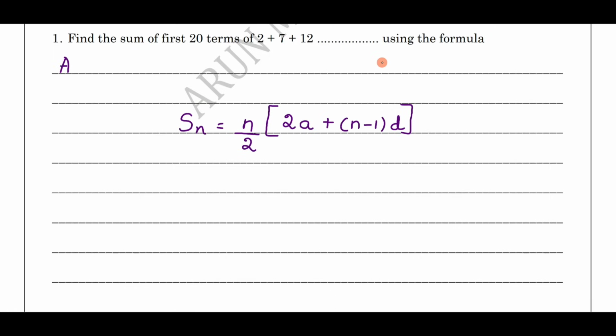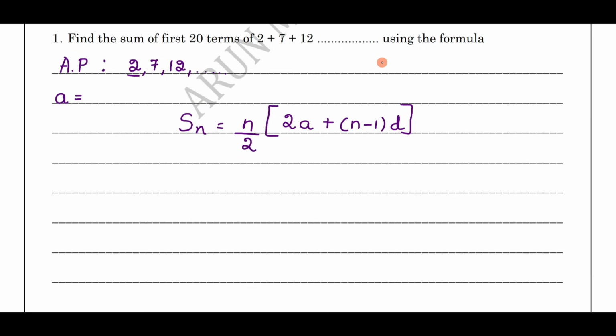In the examination, write down the given AP as it is. That is 2, 7, 12 and so on. These students have already learnt the problem. It's okay to learn again because we'll be discussing the questions. a equals the first term.